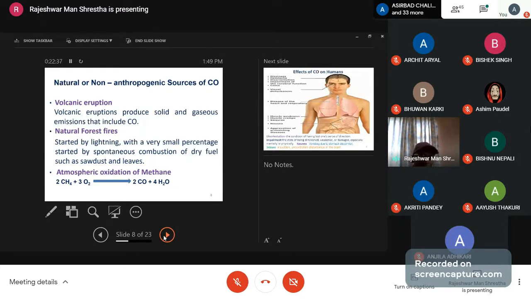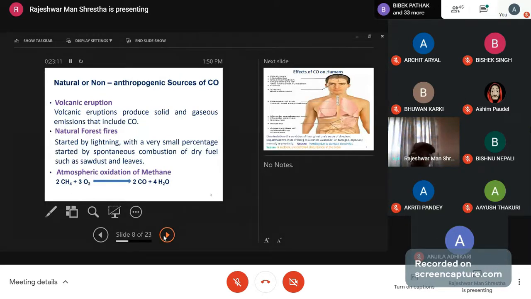Forest fires are caused in two ways, by human beings and by nature. Natural fires are started by lightning, and a small percentage of forest fires are caused by slow combustion of dry fuel such as sawdust and leaves. When sawdust and leaves present in the forest are burned slowly in incomplete combustion, that releases carbon monoxide.